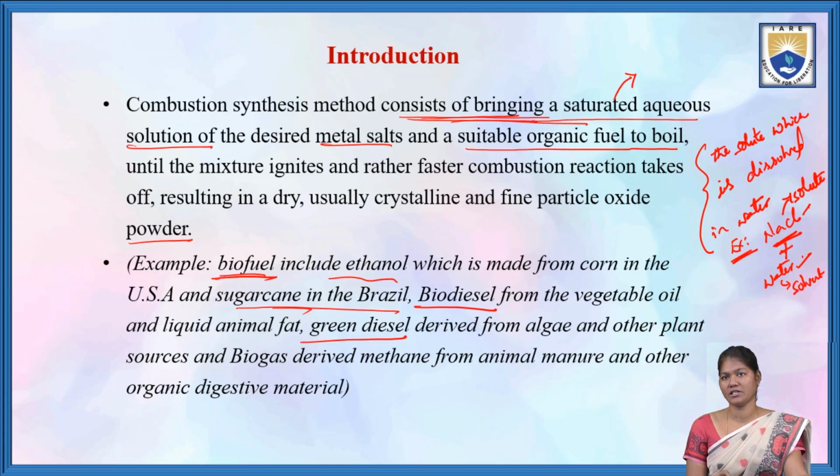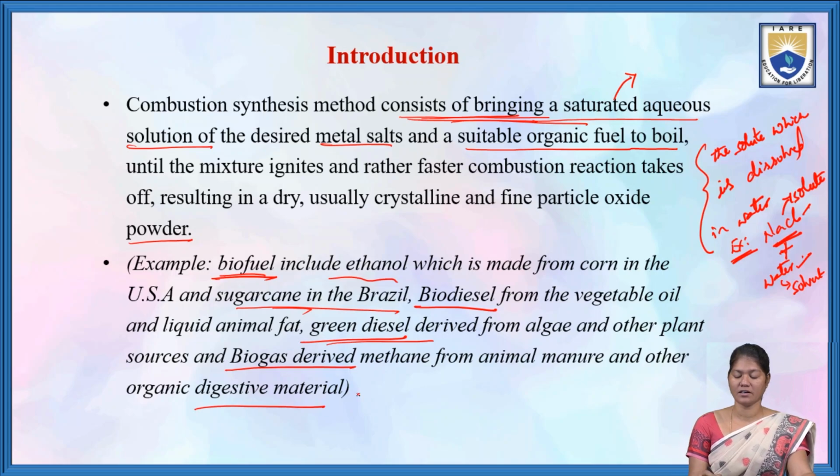Biodiesel can be obtained from vegetable oil and liquid animal fats. Green diesel is also derived from algae and other plant sources. Like that, from biogas we can get methane, which comes from animal manure and other organic digestive materials.